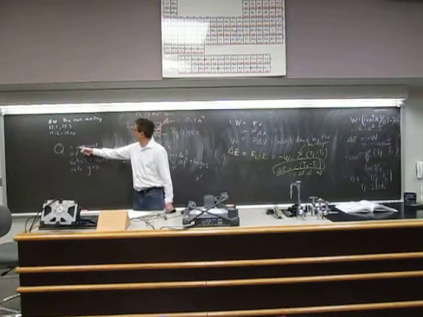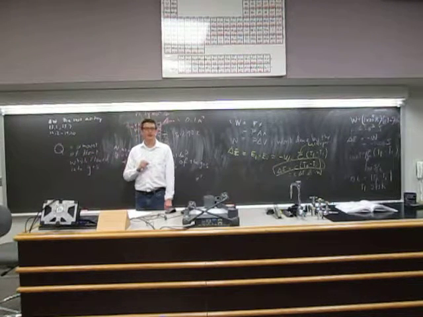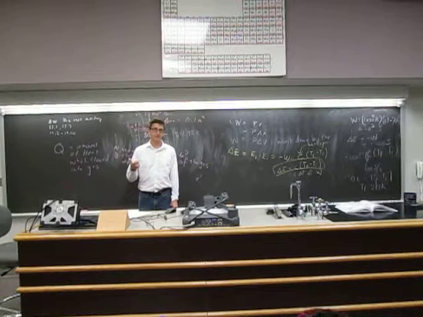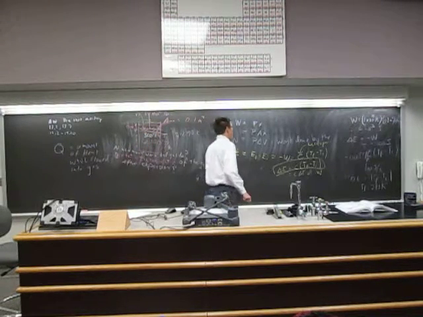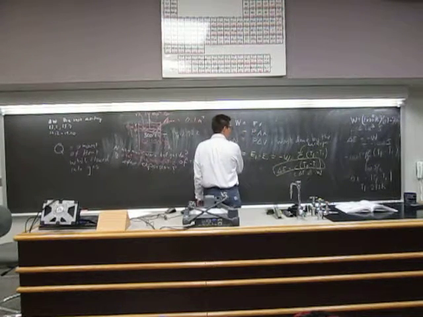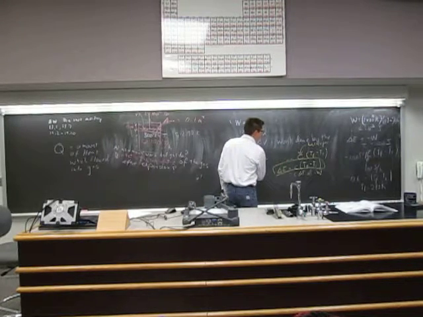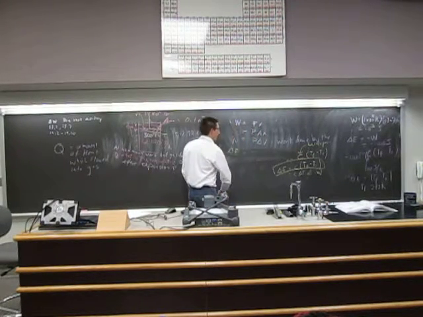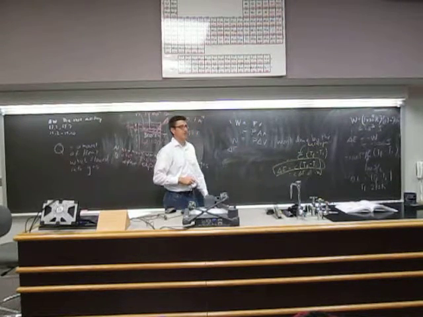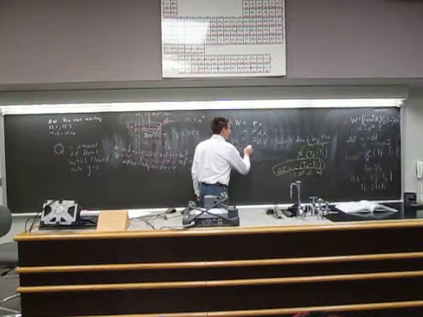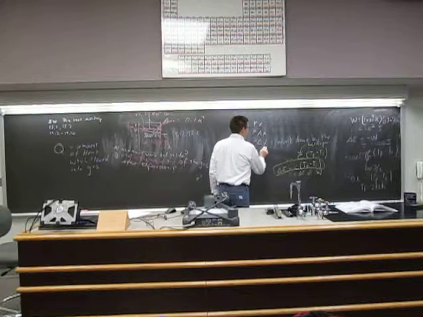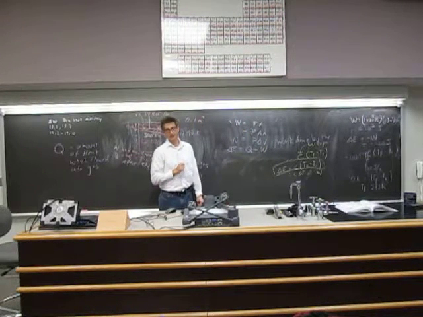So if we define this Q as the amount of heat which flows into the gas, if Q is positive, that gas is increasing in energy, right? And so I'm going to adjust this formula for delta E just a little bit here. Any way that a gas can change energy is going to be equal to Q, the amount of heat that flows into the gas, minus W, the amount of work that the gas does.